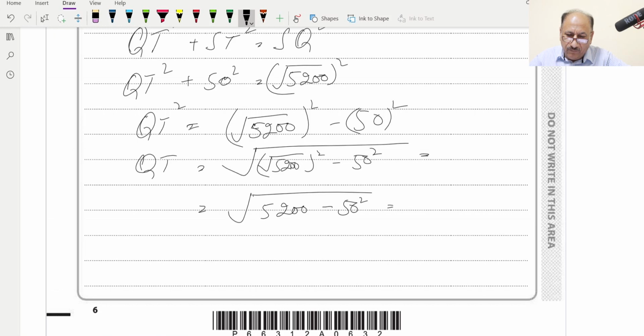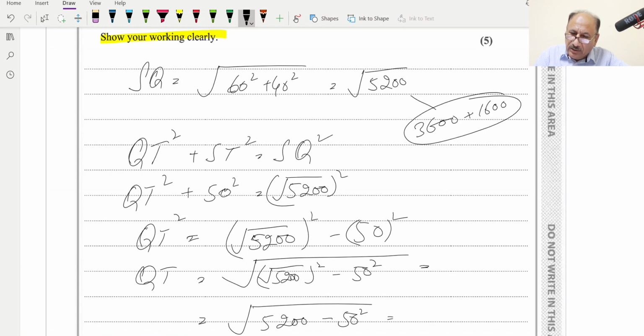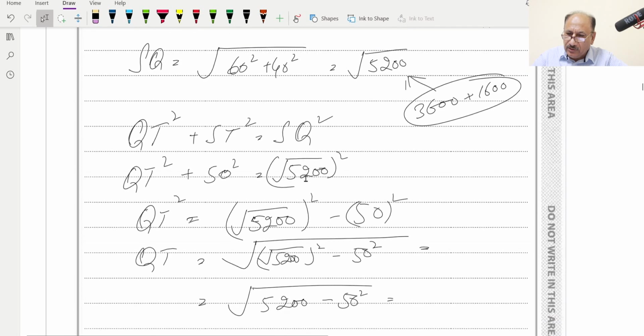So far we have not used calculator. We can directly find 60 square will be 3600 and 40 square will be 1600, and if we add these two we will get 5200. The rest of everything we have done without calculator.